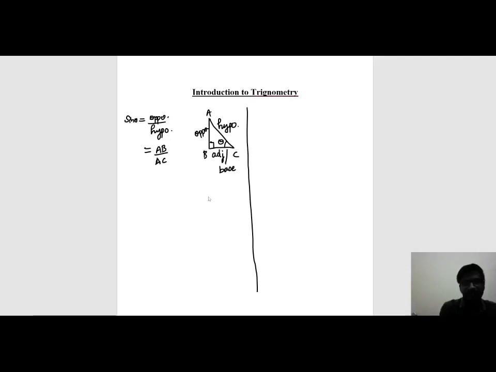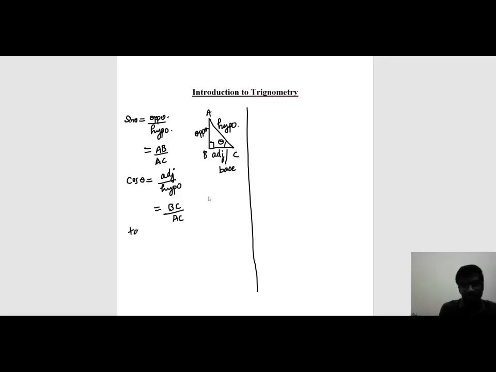This is sine theta. Now second is cos theta. Cos theta is adjacent side divided by hypotenuse. Adjacent side is BC, and hypotenuse is AC.